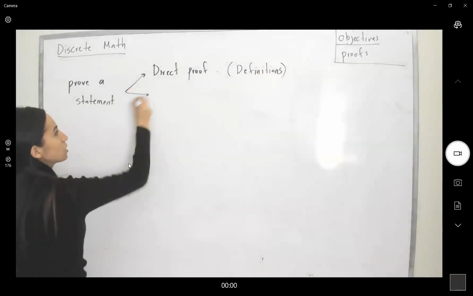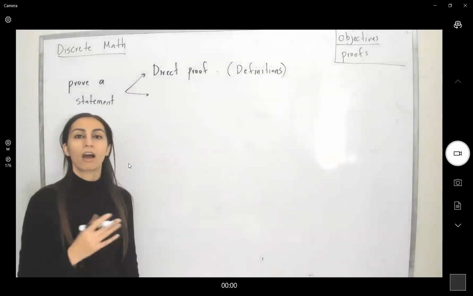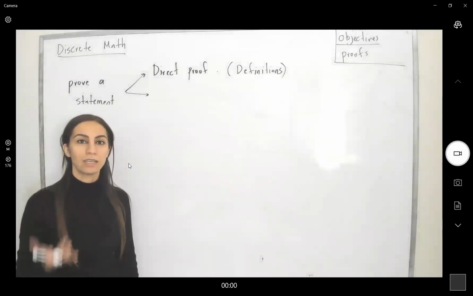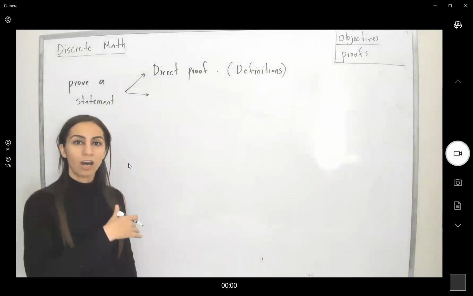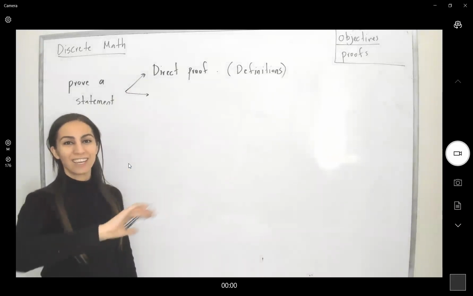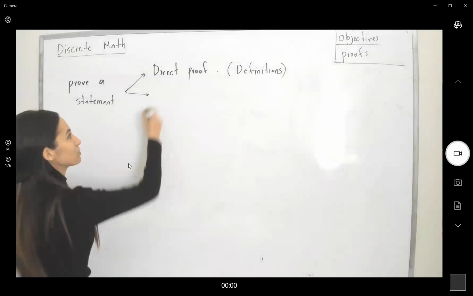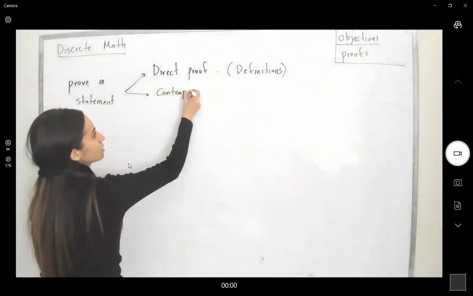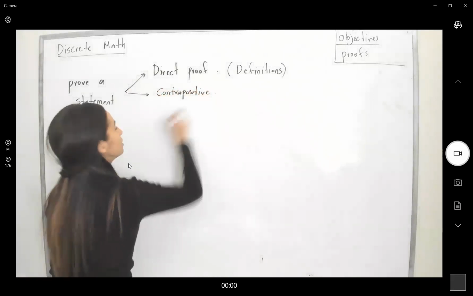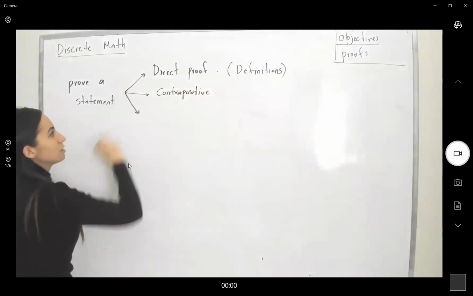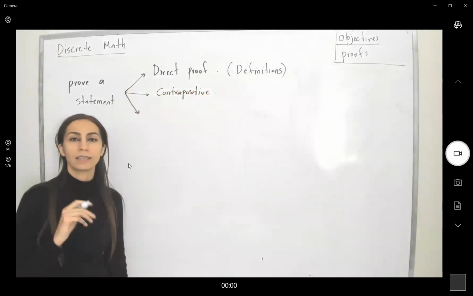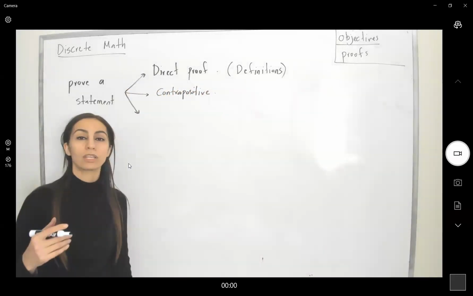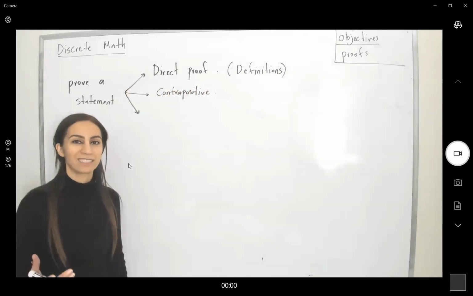Some other times you can use the contrapositive of the statement: if not conclusion, then not hypothesis. Contrapositive. Some other times you can say, hey, what if the conclusion is not correct?